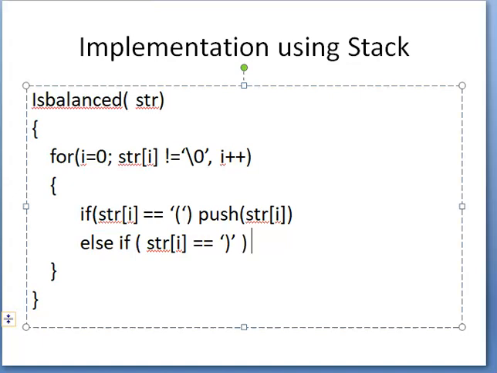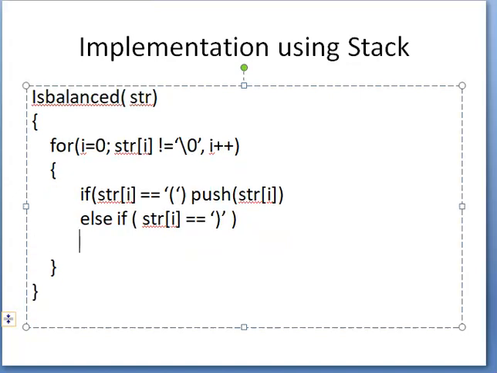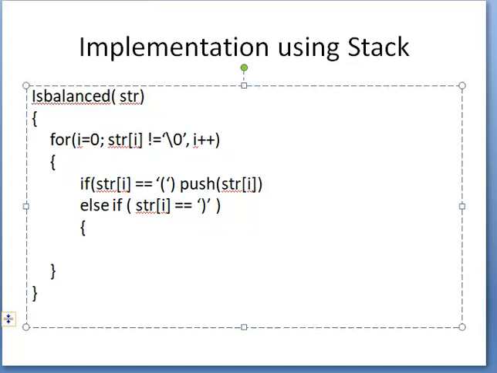Then what we will do is pop from the stack and check if ch is equal to left parenthesis. The stack will return a 0 in case it is not a left parenthesis, and if it is a left parenthesis, we don't need to do anything.